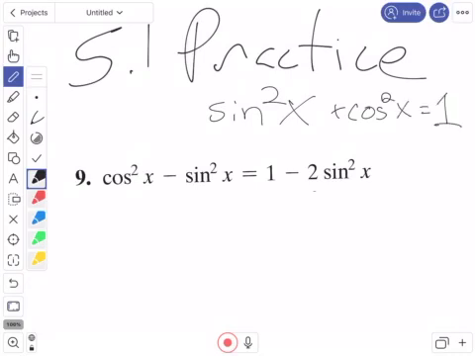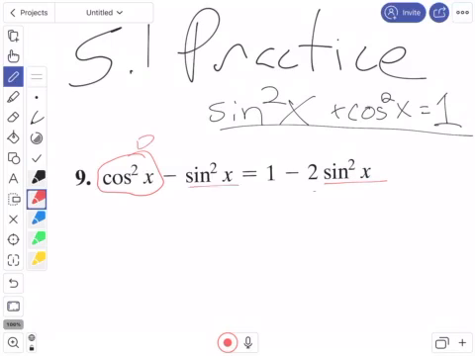So what's cool is that we can manipulate this equation and try to work through it and rewrite it. In my eyes, we definitely want to substitute in something for cosine squared of x, because this already has sine squared of x, and this is already sine squared of x. So chances are trying to manipulate this is going to be your best bet.